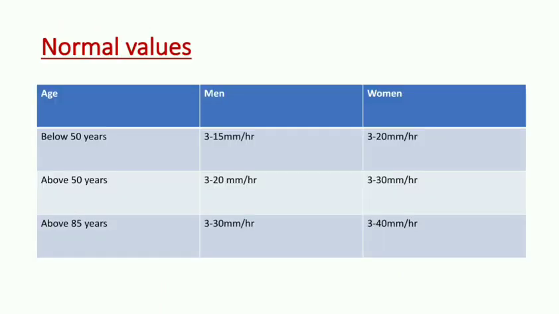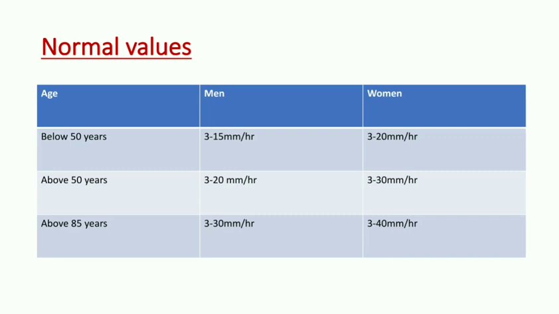Here we can see normal values. ESR in men and women is different and it changes according to age also. So, below 50 years, men have 3 to 15 mm per hour, women 3 to 20 mm per hour.